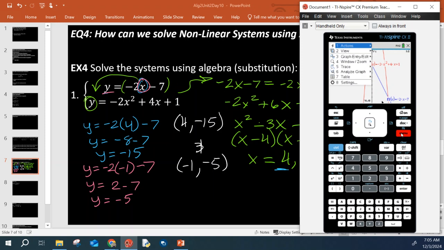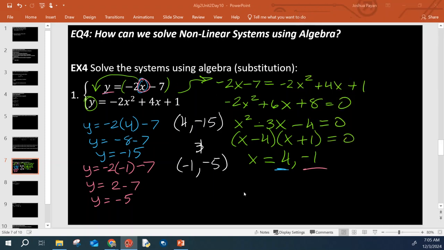And menu 6, 4. So there's one of them, negative 1 by 5, which we've got right here. And repeat the process, menu 6, 4. And here's the other point of intersection, 4 by negative 15, which I have right here. So we see the process works.